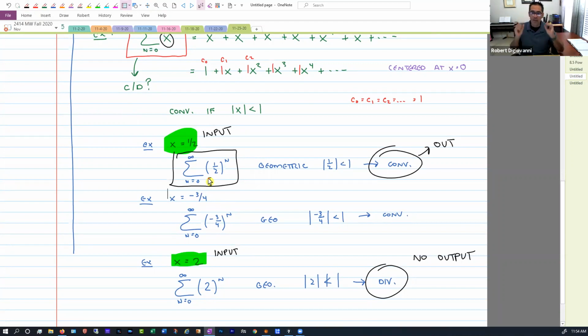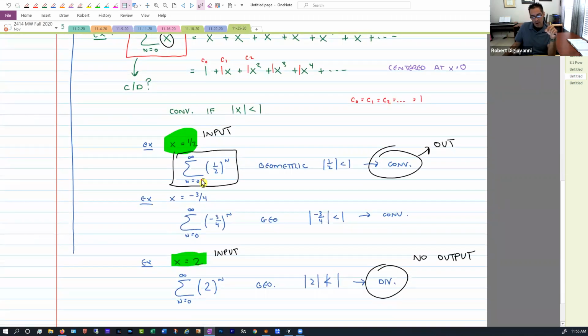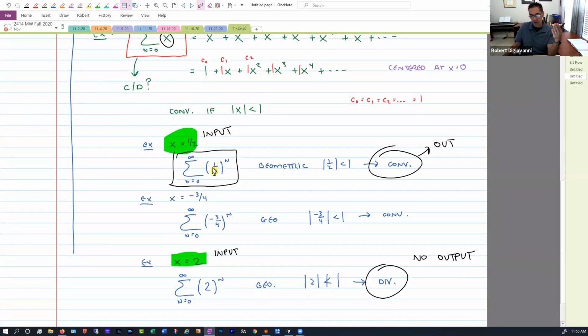It was all about, can we determine if something converges or diverges? So what we're doing now is looking at these power series. We're going to have to look at the x's to figure out, if I replace that x with a number, what it turns into, and can I determine if it converges?